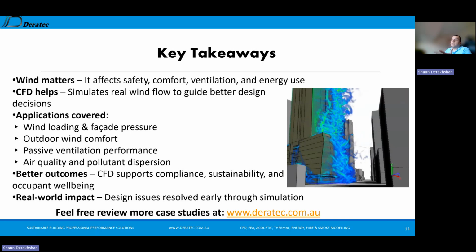You might need to spend maybe 100K to redesign or change your design when you build it. So simulation can help save money and decrease mistakes in your projects.